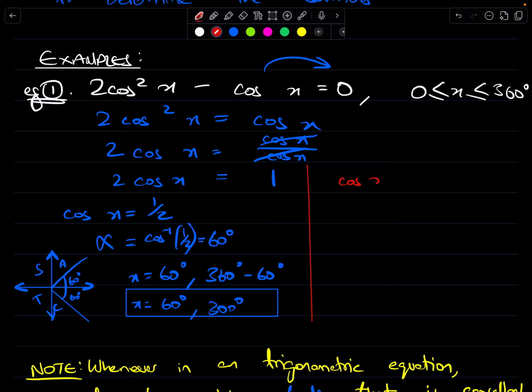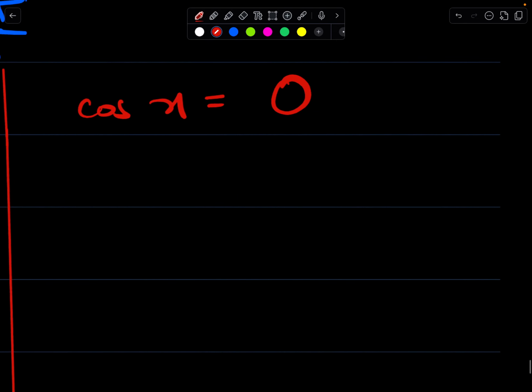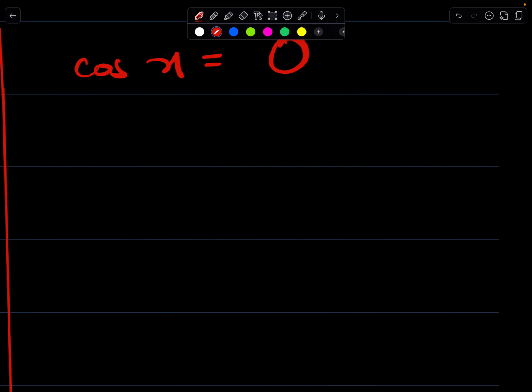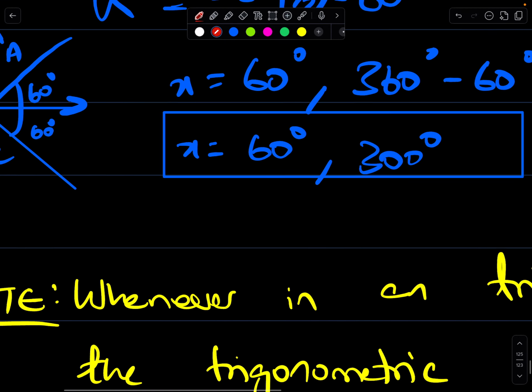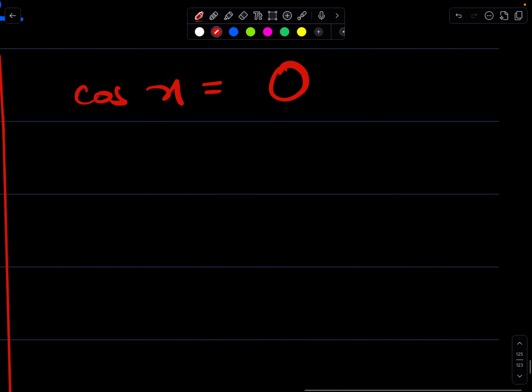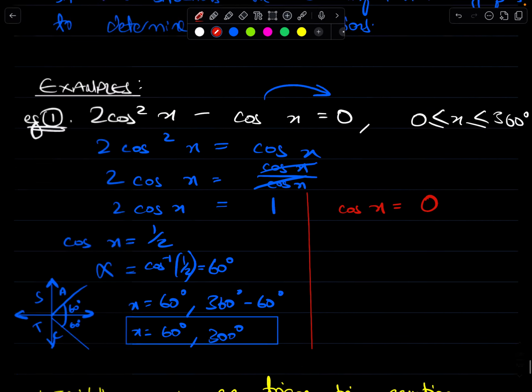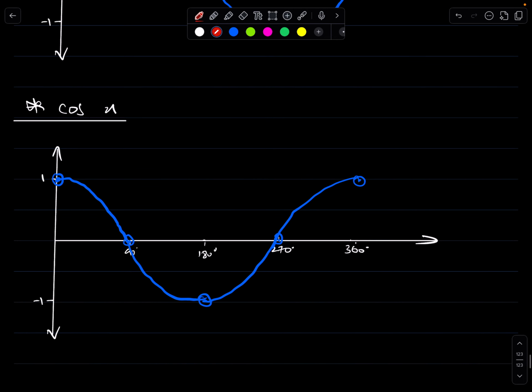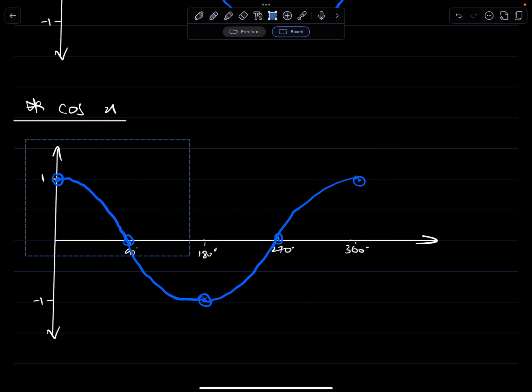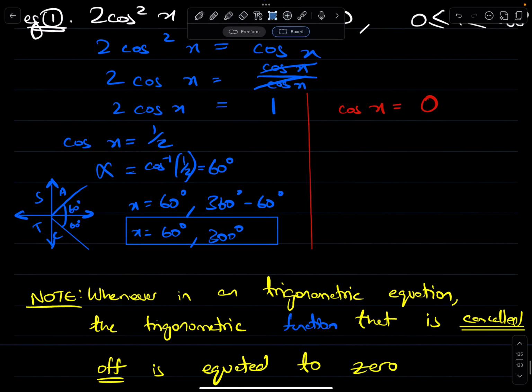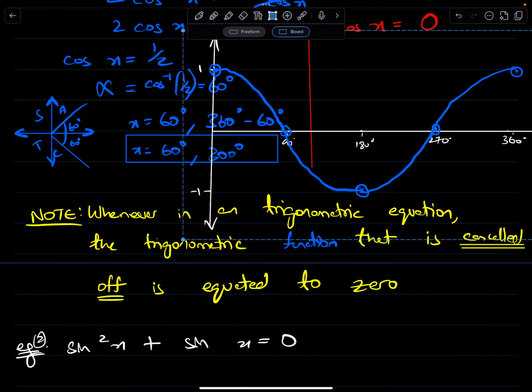Cos x was cancelled out, thus this should be equated to 0. So once you equate this to 0, we also have to solve for x in this case. And this is not our final answer. Thus, since this is a defined intersection, I need to make the graph of cos x. I'll just copy this in this case, paste this here.